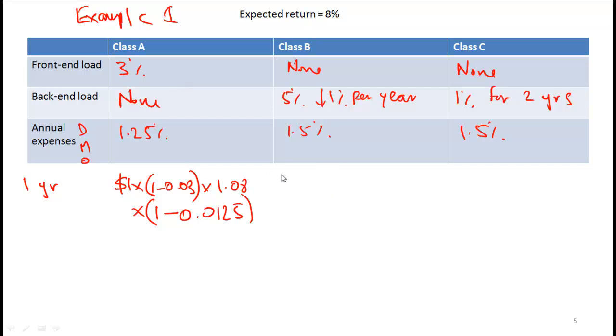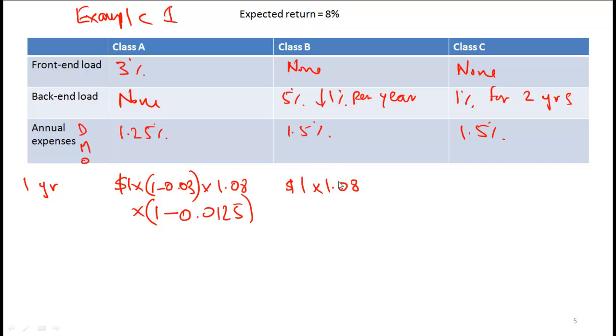What if you invested in class B shares, and if you withdraw after 1 year, remember there is a redemption fee of 5%. So what happens? The $1, initially there is no front end fee, but we are expecting this $1 to grow at 8%, so we multiply this by 1.08, and then we are hit by 2 fees at the end of the year.